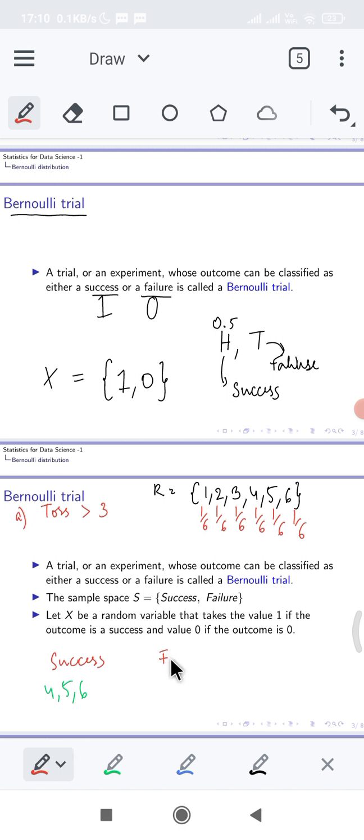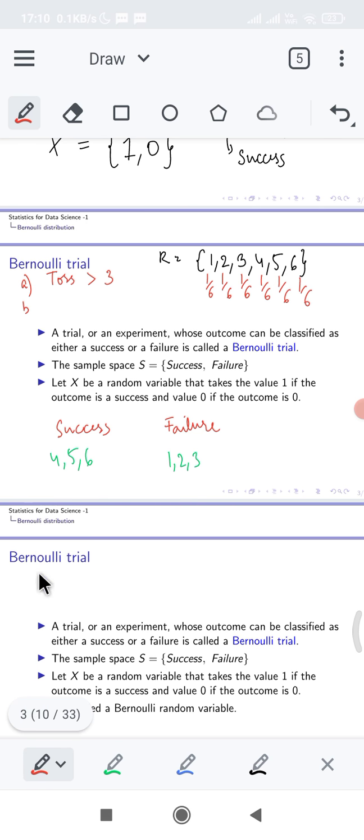On the other hand, failure is 1, 2, and 3. Let me use another pen. Here you can see that success and failure have 1 by 2 probability each.